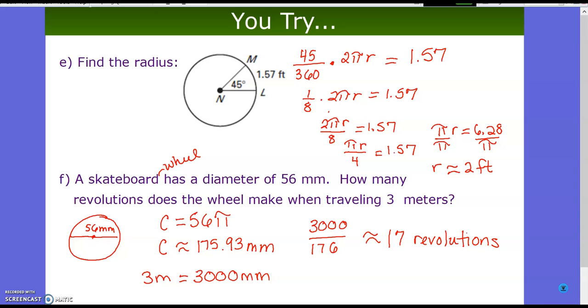And I'm in millimeters, I got to change it to meters. 3 meters is equal to 3,000 millimeters. So I'm going to take my 3,000 millimeter distance and divide it by that circumference of approximately 176. And I'll find that I'm going to complete about 17 revolutions when I'm traveling 3 meters on my skateboard.